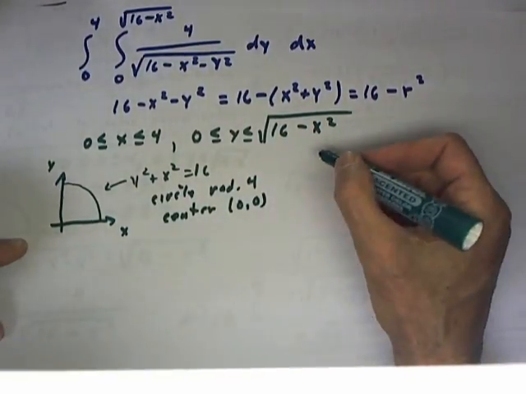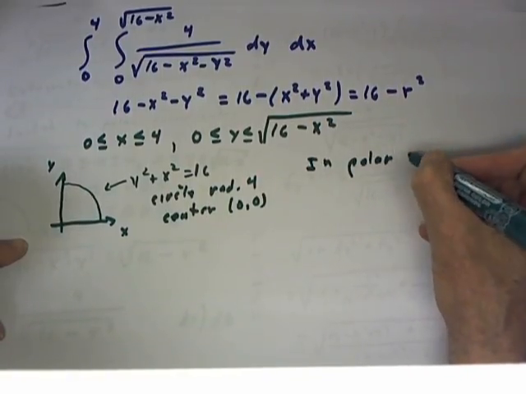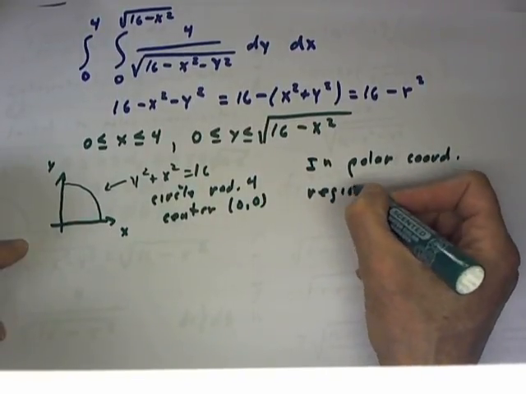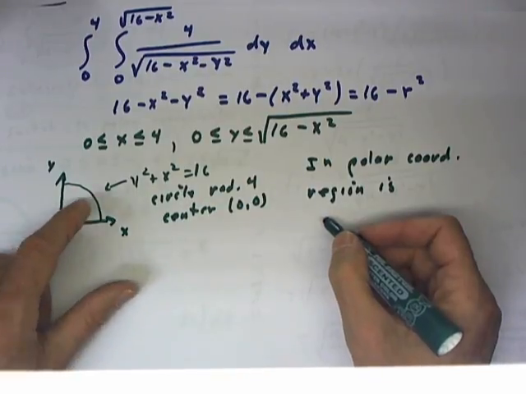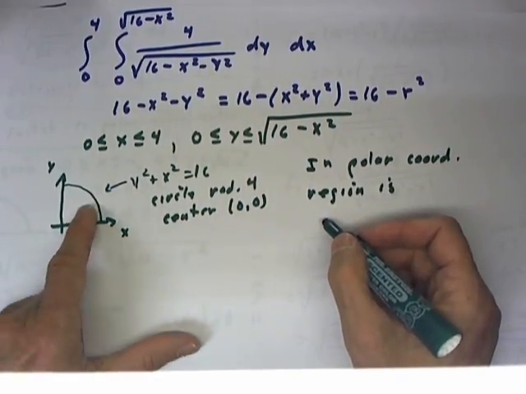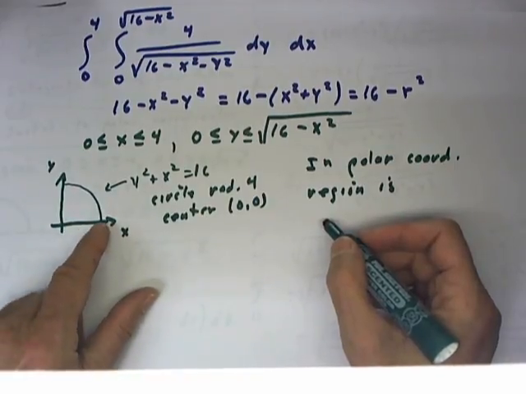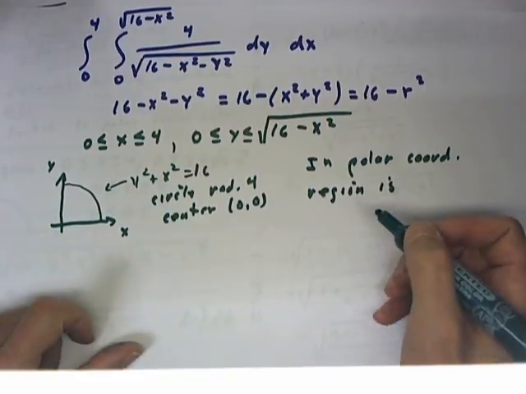And in polar coordinates the region is just r running from 0 to 4, because it's the region within this integral, where x runs from 0 to 4, y runs from 0 to the square root of 16 minus x squared.